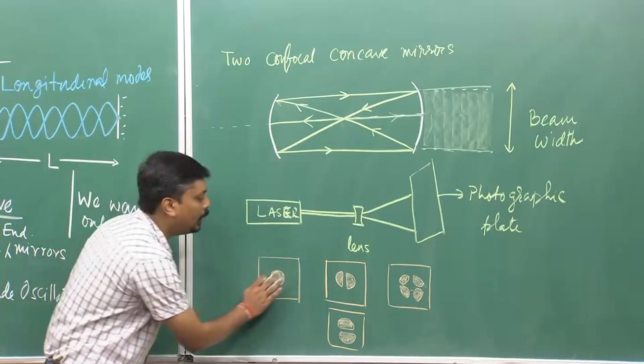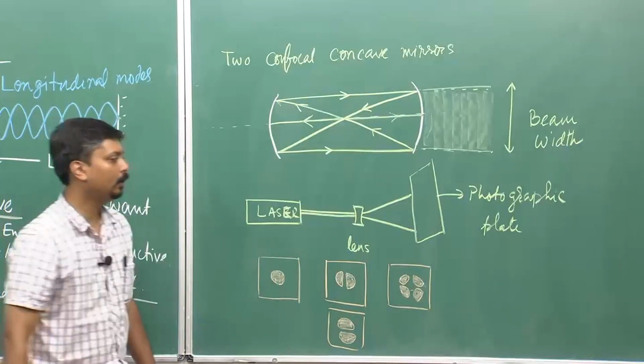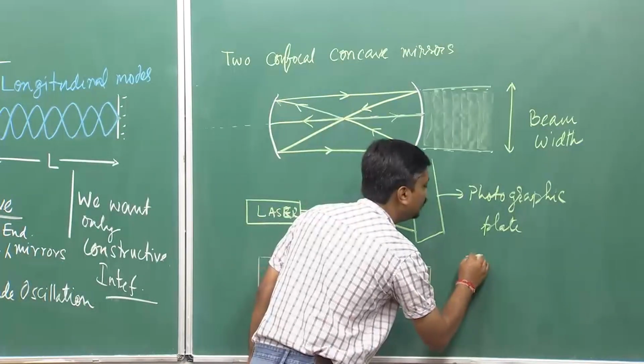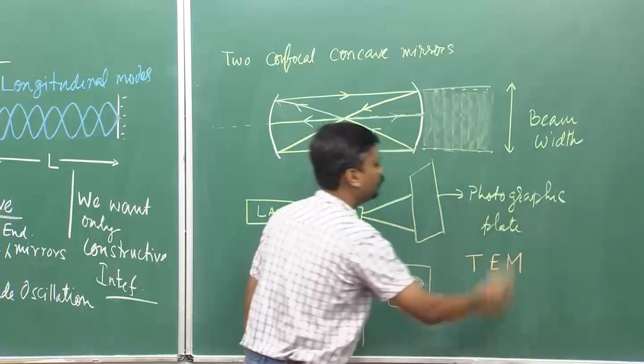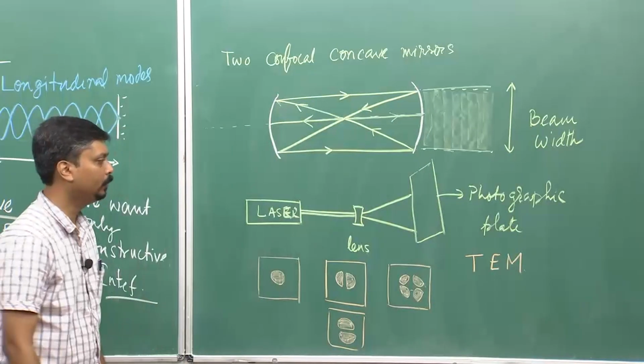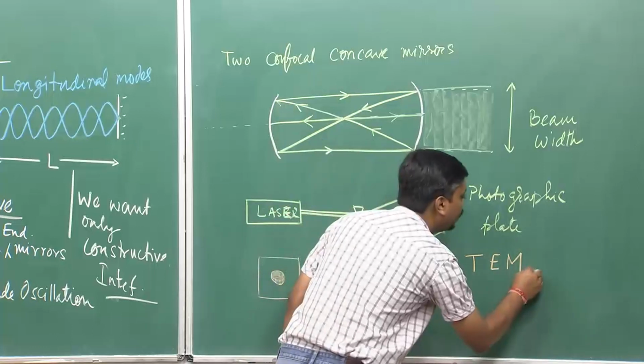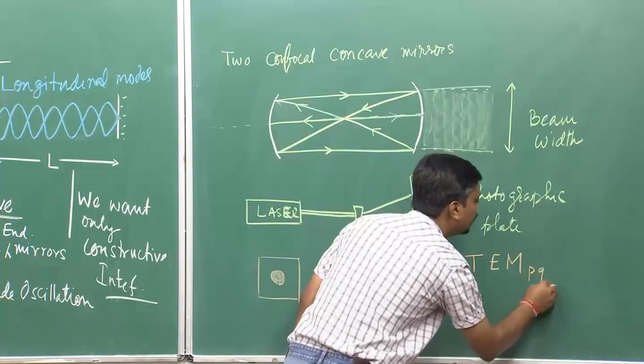Now, what are these? These are called the transverse electromagnetic modes, okay, and they come with some subscript.